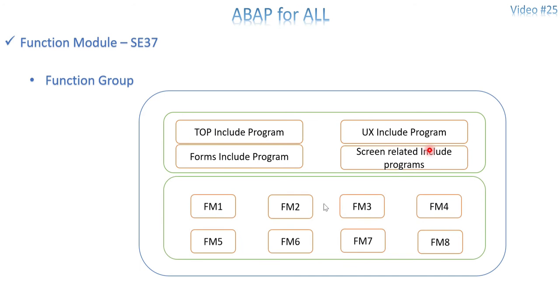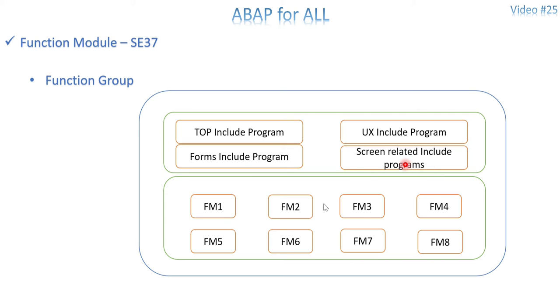Okay. Another thing is the forms include program for subroutines. Suppose in a function module you want to keep a subroutine, all the subroutine definitions like FORM and ENDFORM are added in another include program called the forms include program. And there are screen-related include programs.